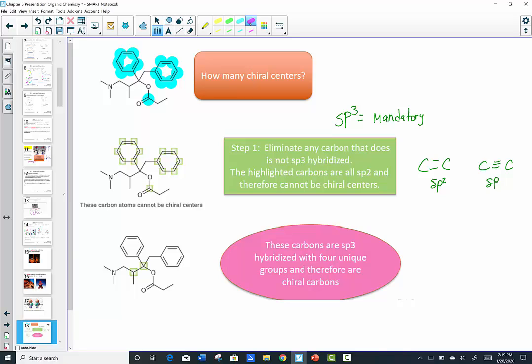Do you notice that once we eliminate all the noise of the double bonds, we have 2 sites left? The carbons that have 4 unique attachments are now highlighted. Those carbons are sp3 hybridized and have 4 unique groups. Therefore, this molecule, with its complex structure, has 2 chiral carbons.